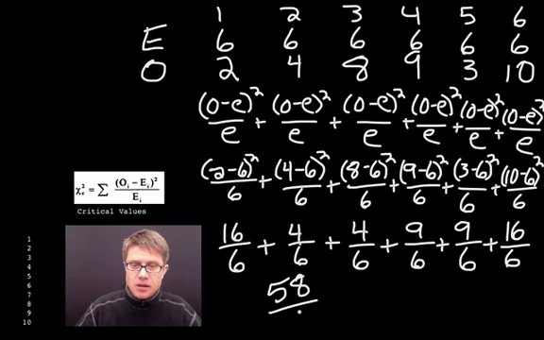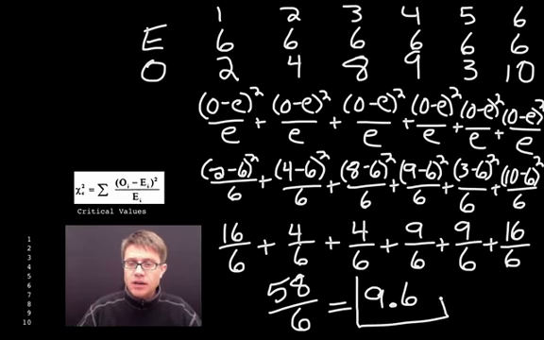So that is 58 over 6, which is 9.6. So that is our chi-squared value, 9.6 in this case, since we added all these up.